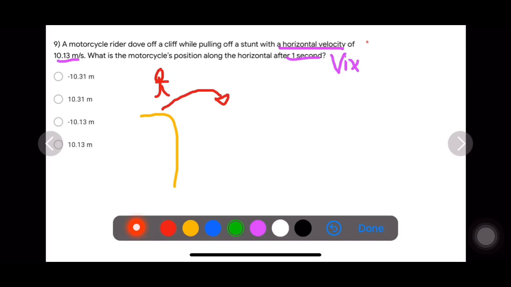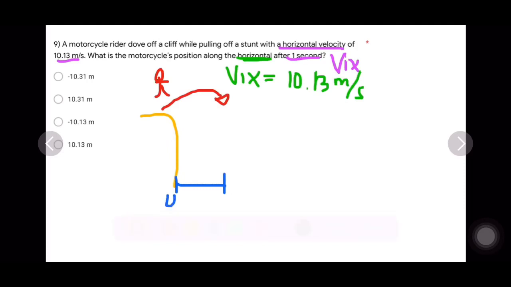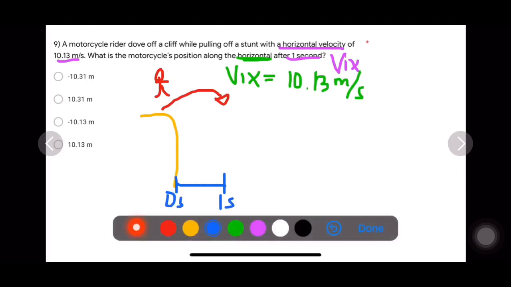So the initial velocity along the horizontal is 10.13 meters per second. So the question is, what's the motorcycle's position along the horizontal from the cliff after 1 second? So let's say this is 0 seconds. So after 1 second, what is the dx value? Right, don't forget the acceleration due to Earth's gravity, that's negative 9.8 meters per second squared. Right, so let's solve.